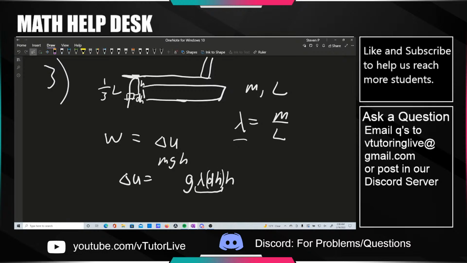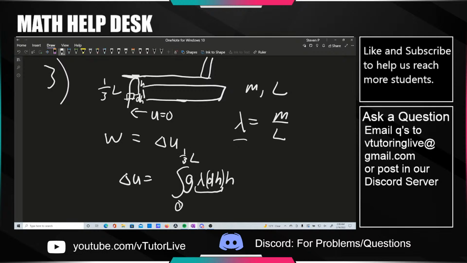Then we integrate this from minus 1/3 L to 0. Actually, let's say the zero height is where y is equal to 0. So then we would integrate this from 0 to 1/3 L.